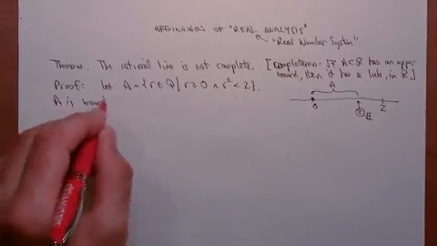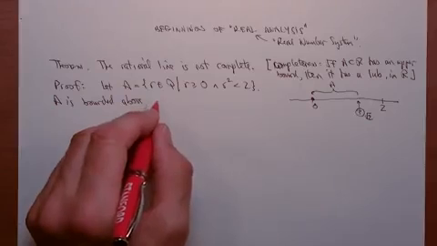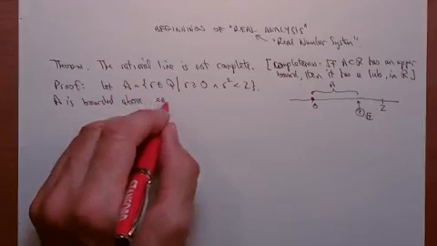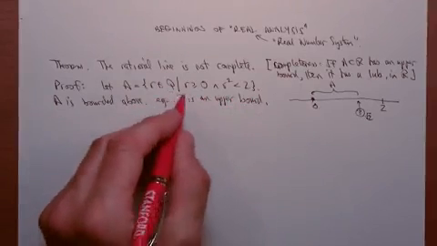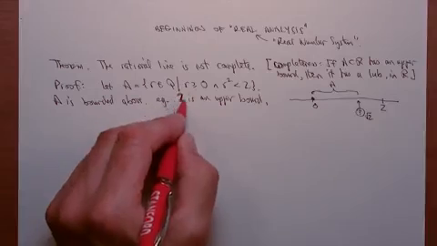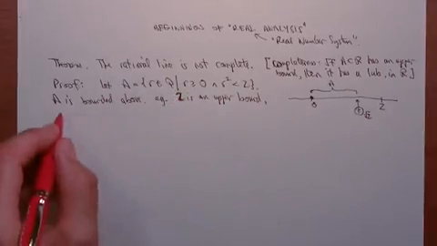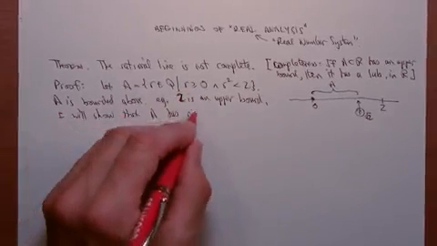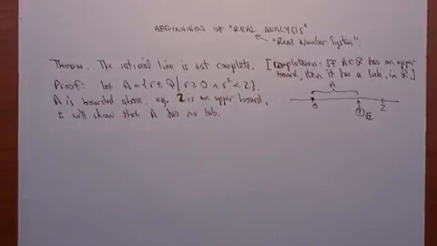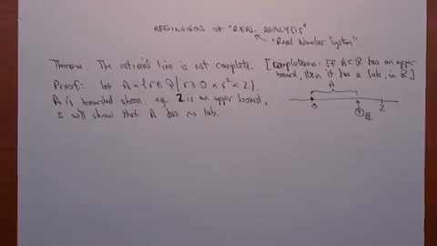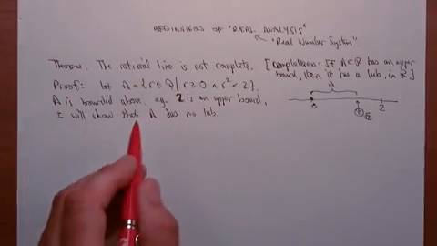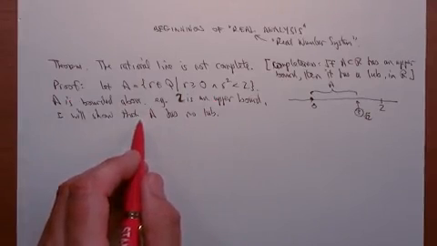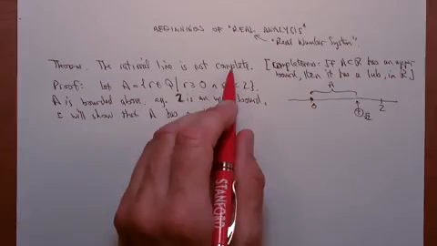Okay, well, A is bounded above. For example, 2 is an upper bound. We only need to find one, and 2 will do just fine. I will show that A has no least upper bound. That would mean that A is a set of rationals which has an upper bound but no least upper bound, and hence the rational line is not complete.